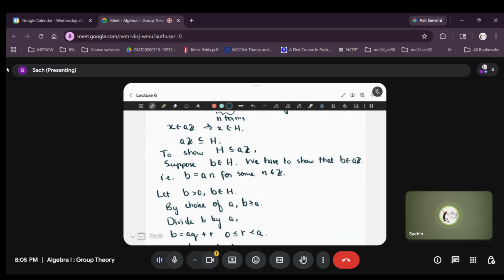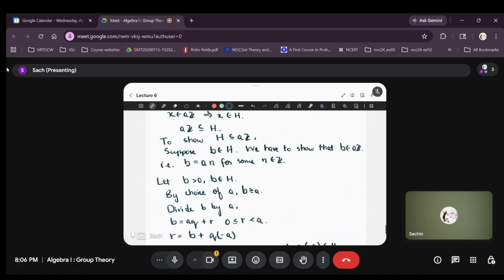Since B is a positive number and A is the smallest positive number in H, B is also an element of H. Then B must be greater or equal to A. Then if one number is greater or equal to the other, you can divide the larger number by the smaller number. So divide B by A.